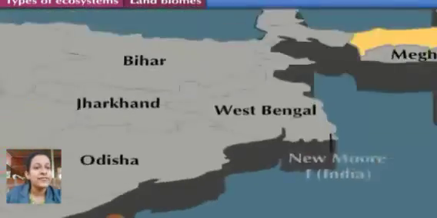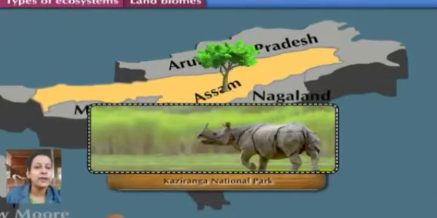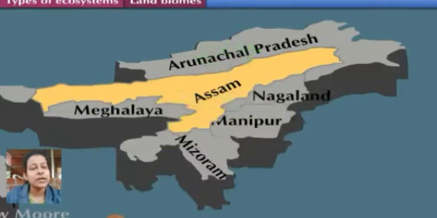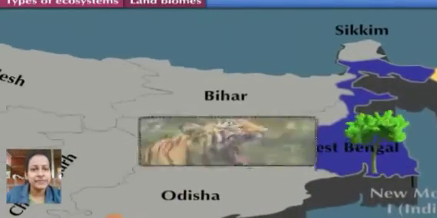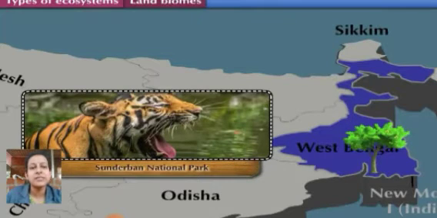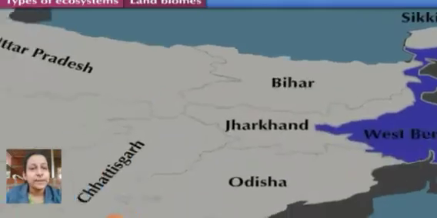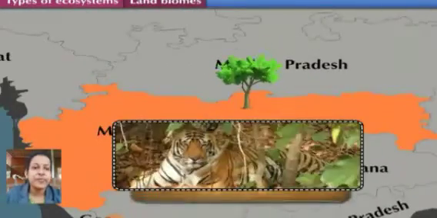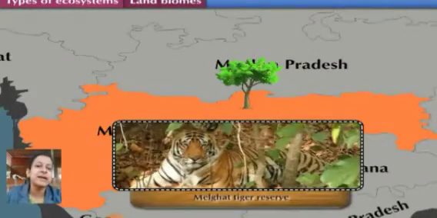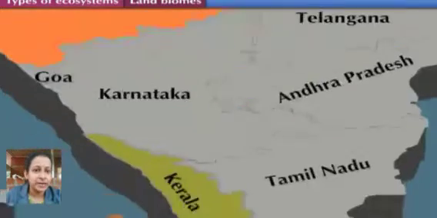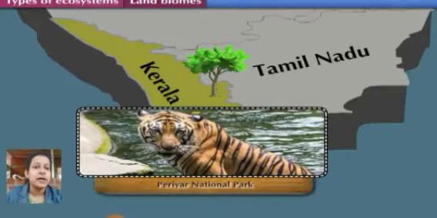Then in Assam, we have Kaziranga National Park for the single horned rhino again. Then we have Sundarbans National Park for the tigers in West Bengal. Then in Maharashtra again we have Melghat Tiger Reserve. And Periyar National Park in Kerala again protects the tigers.